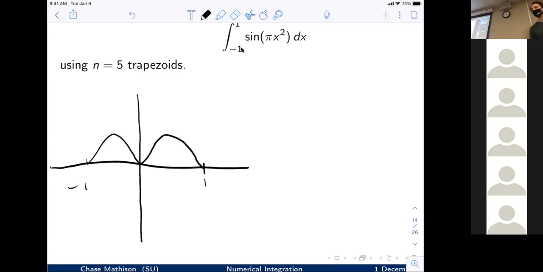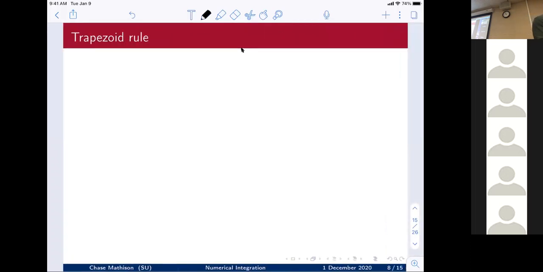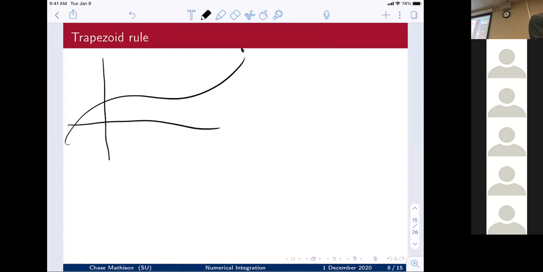All right, so what does it mean to use trapezoids in this case? Well, trapezoids in general, for general functions, are going to have, just like before, some xi's and some xi plus 1 points. We're going to find those just like we did before.